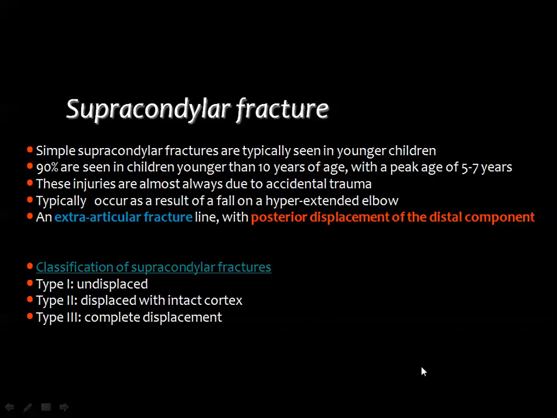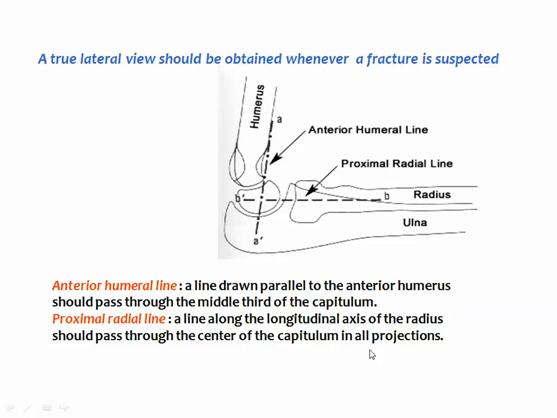These injuries are almost always due to accidental trauma, and they may be classified as type 1, where the fracture is undisplaced; type 2, displaced fracture with intact cortex, somewhat like a greenstick fracture; and type 3, the fracture with complete displacement.